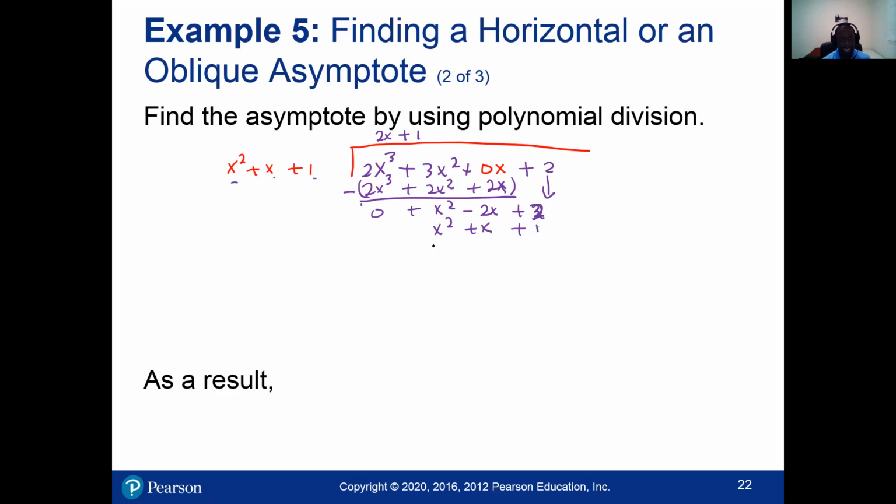Now let's subtract them. This is 0, and minus 2x minus x is minus 3x, and 2 minus 1 is 1. So this is your remainder.